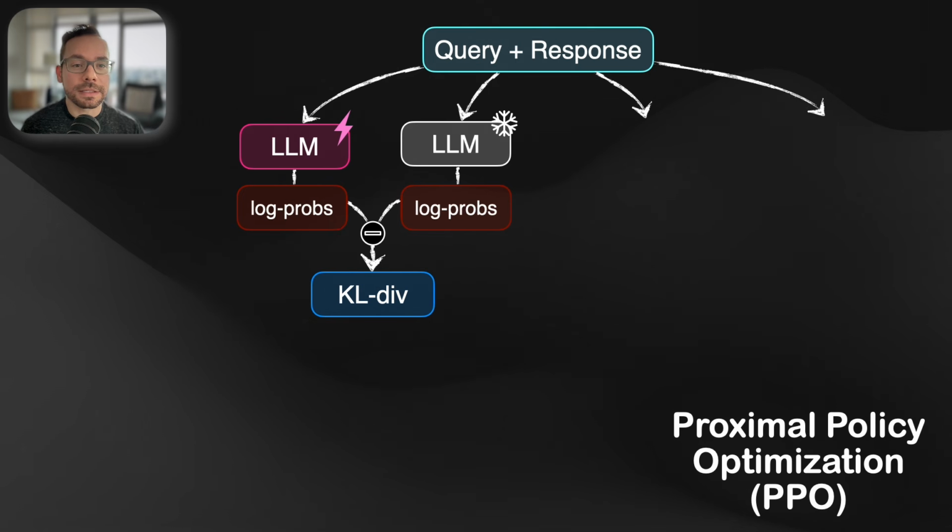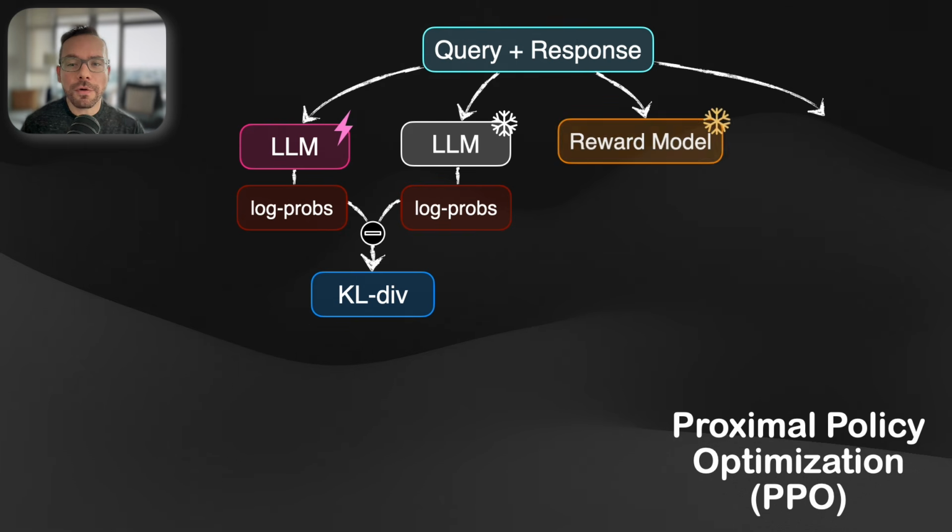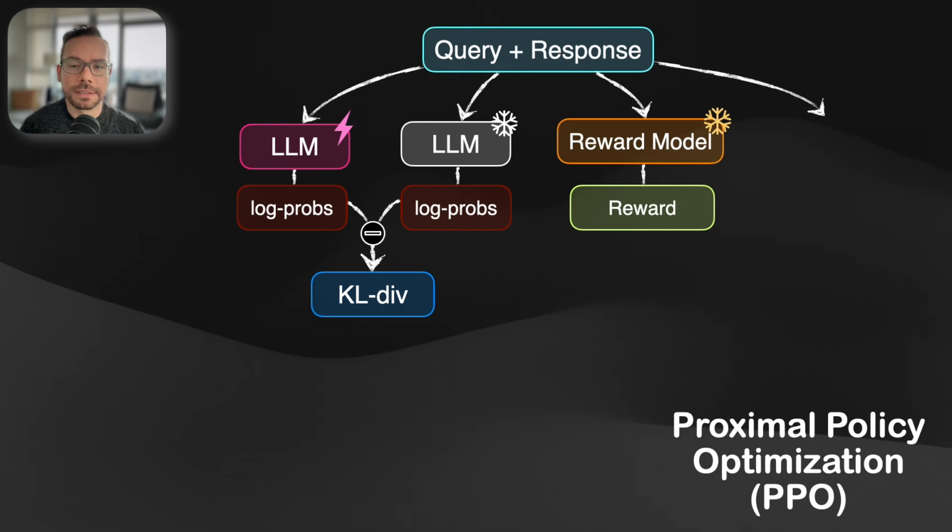Why do we need this? Because we have a dual objective here. We want to align the model to human preferences, but we cannot afford to destroy its core language fluency, general capabilities, or pre-trained word knowledge in the process. Second, the frozen reward model evaluates the full query plus response and outputs a raw reward score.